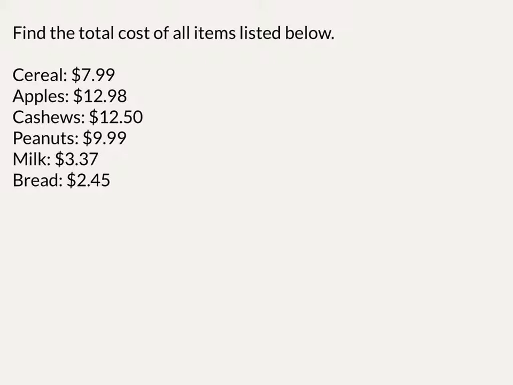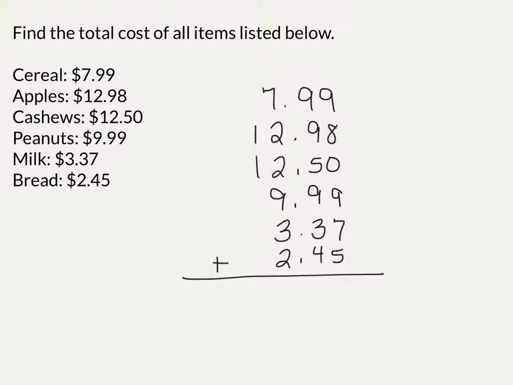In order to do that by hand, we're going to write this vertically, and we'll line up all of the digits in the place values. Notice that all of my decimal values and whole numbers are lined up according to their place value.